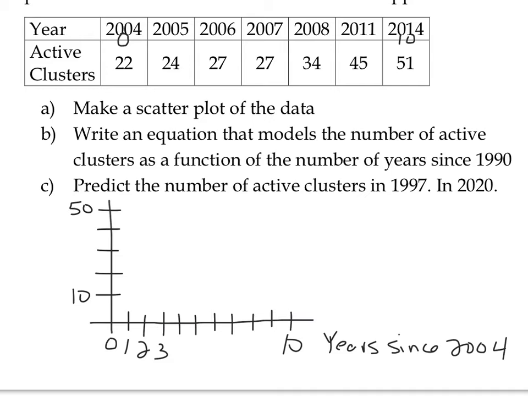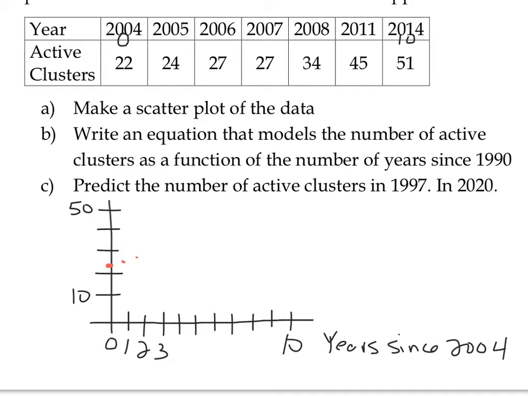So we're going to graph these points now. We have 0, 22, maybe right about there. We have 2005, which would be an x value of 1, and 24. So right around there. Then we have 2006, x value of 2 and 27.